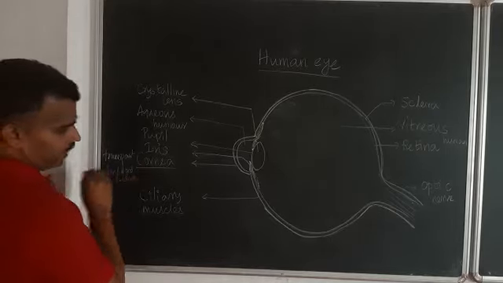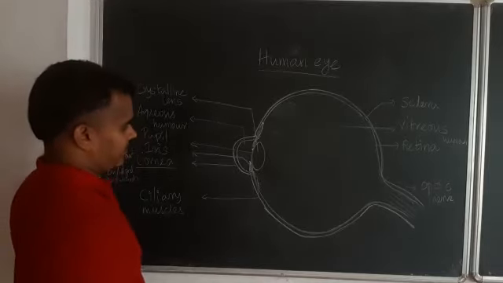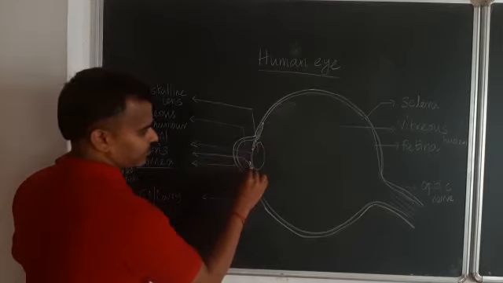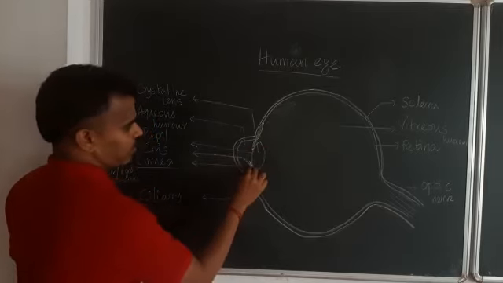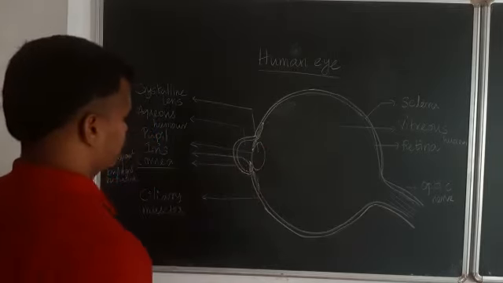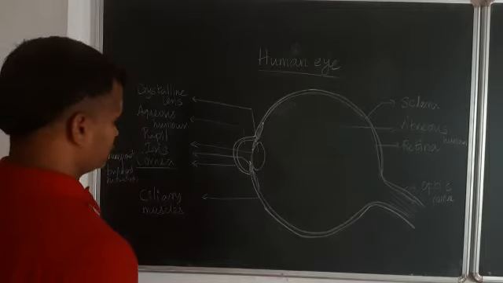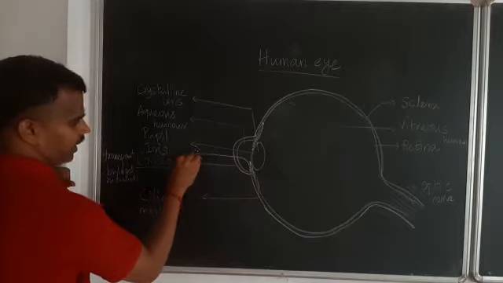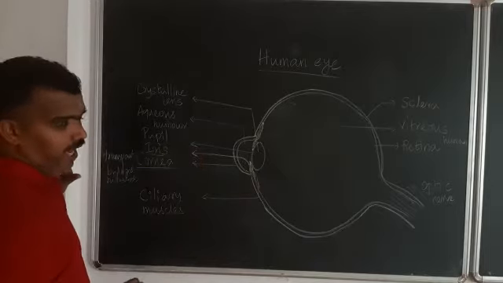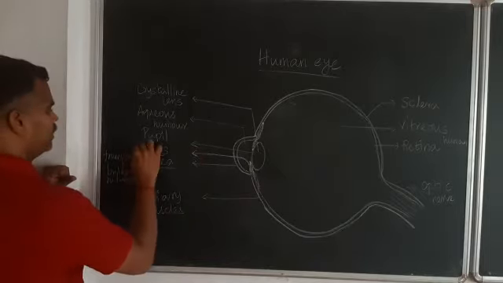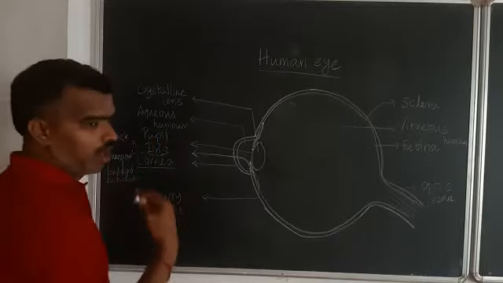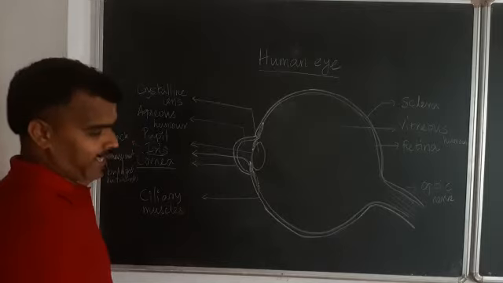Here I have drawn this part, which I marked as the iris. The iris is black in color, which absorbs all the light so that it cannot be reflected back.